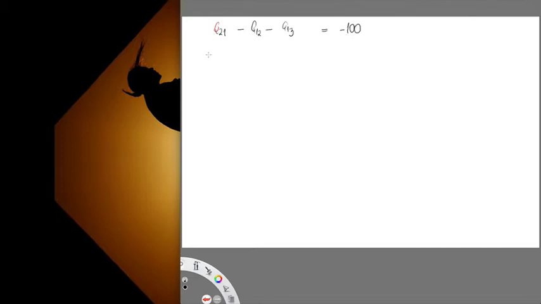From the second equation, I'll have minus Q21 and I have Q12, so I'm just going to make sure that I'm lining them up. And then I don't have Q13 in the second one, but I have minus Q23 is equal to 0. And then in the last one, I have Q13 plus Q23 is equal to 100. Because that was 120 minus 20.